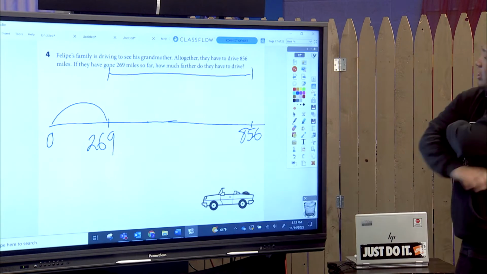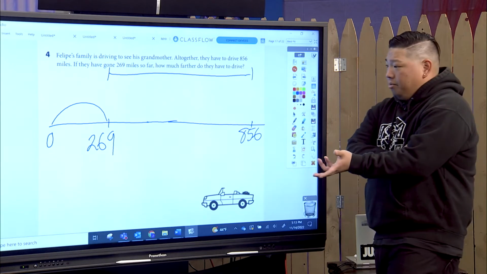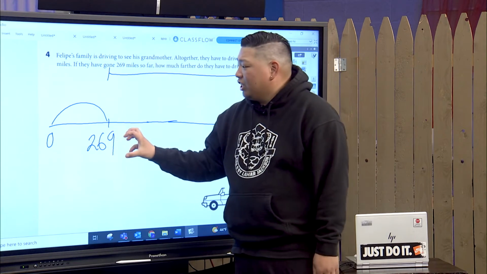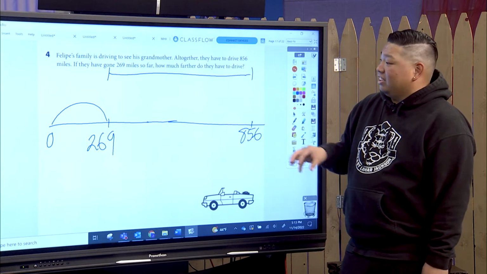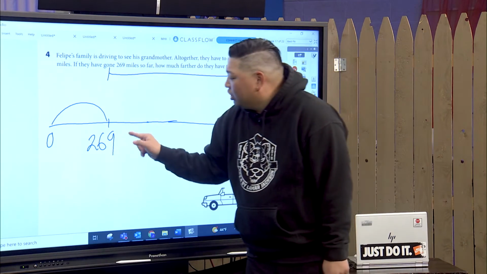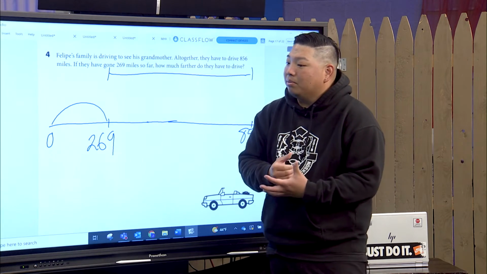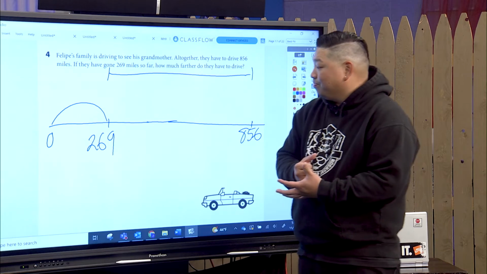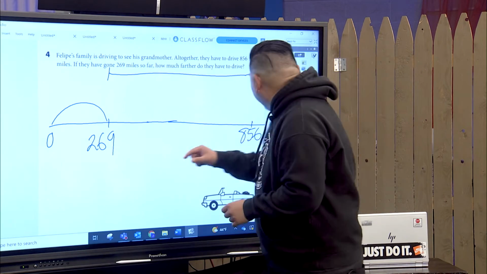Let's use a strategy called counting on. We'll start from 269 and count on until we get to 856. From 269, what is our nice, clean, compatible number that comes right after? If we add 1 to 269, we get 270.